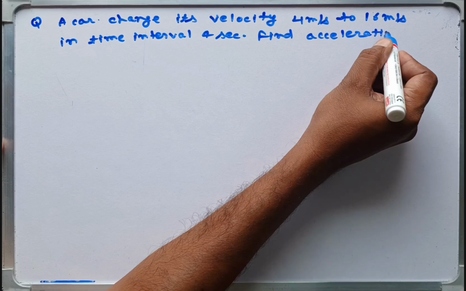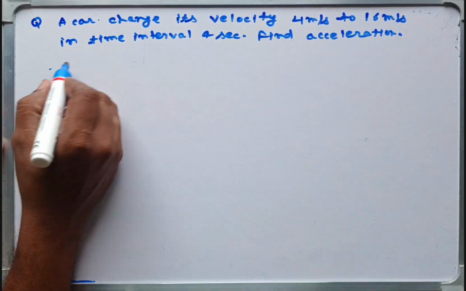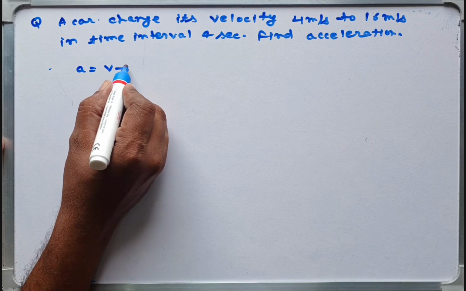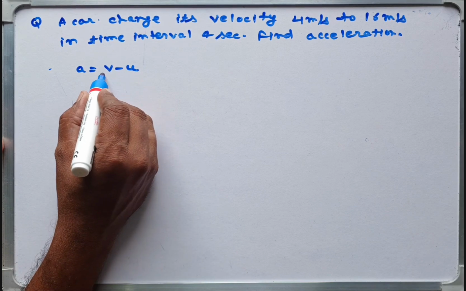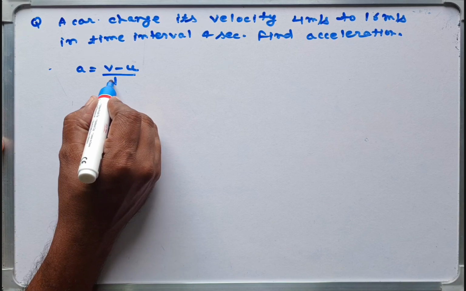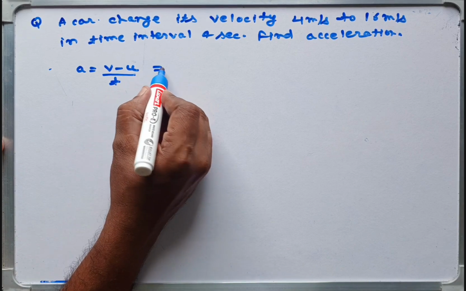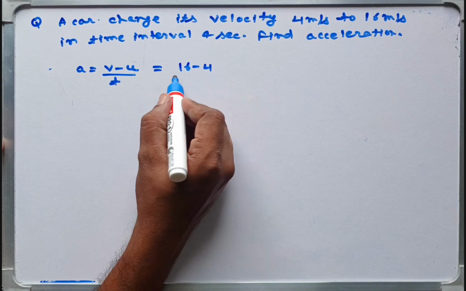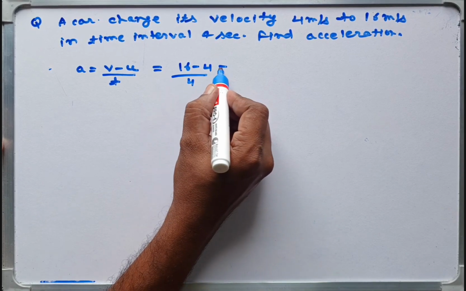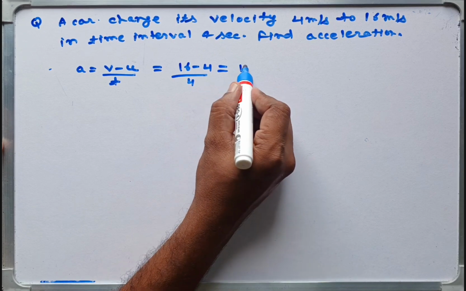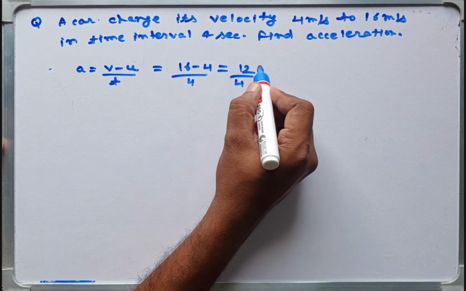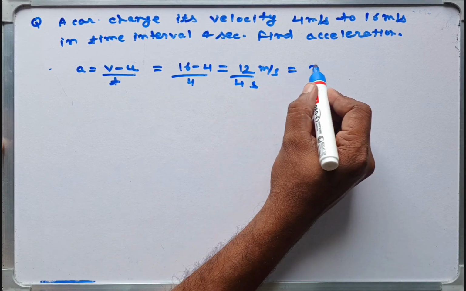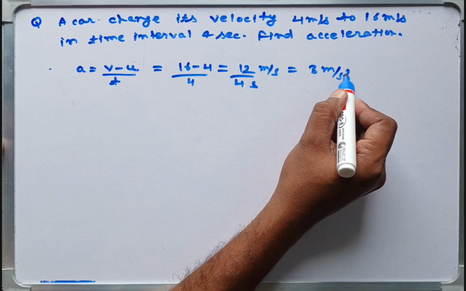Okay, so guys, we can use the formula a equals final velocity minus initial velocity, divided by t. So you can write here 16 minus 4 divided by 4, or 12 by 4, where the unit is meter per second divided by second, so you can write 3 meter per second square.